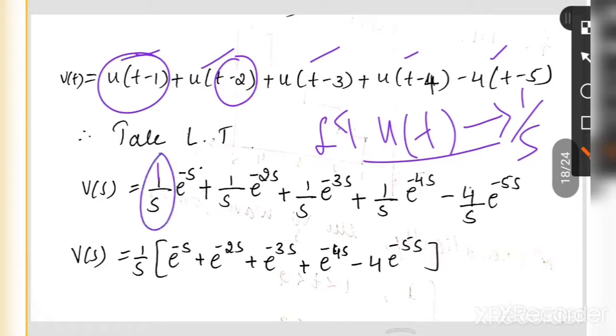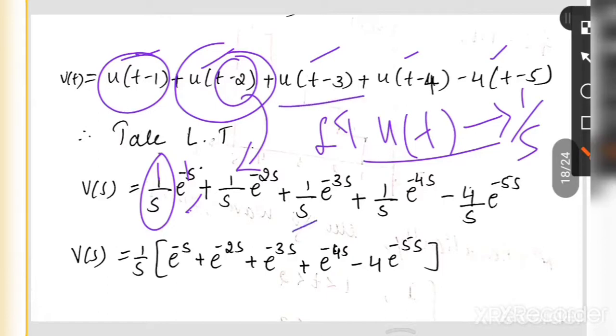So 1 by s, and t minus 1 is the delay. Therefore it should be e raised to minus 1s, plus second factor is also u of t. Therefore its Laplace transformation is 1 by s, into delay is minus 2 seconds. Therefore it should be e raised to minus 2s.